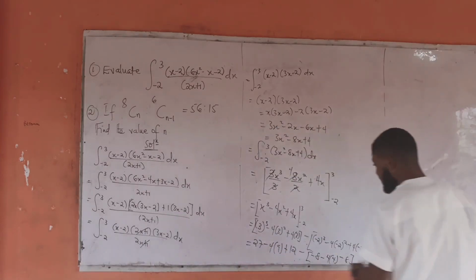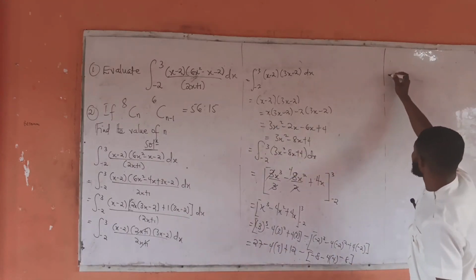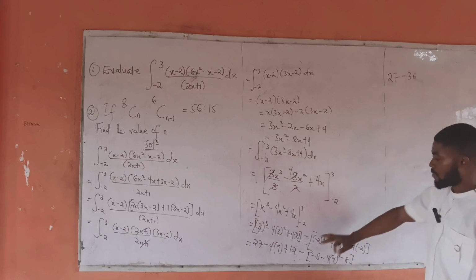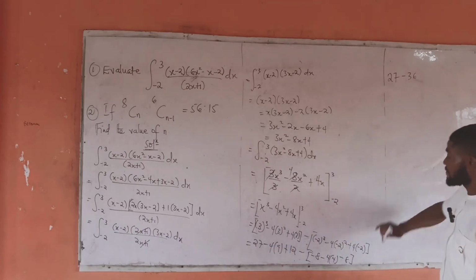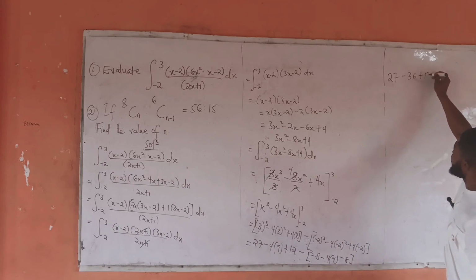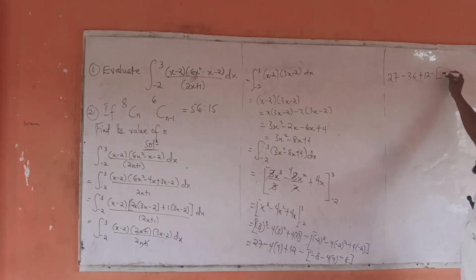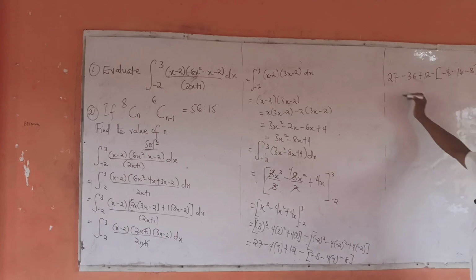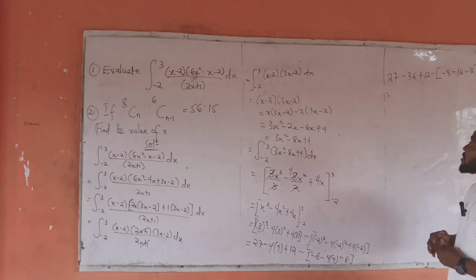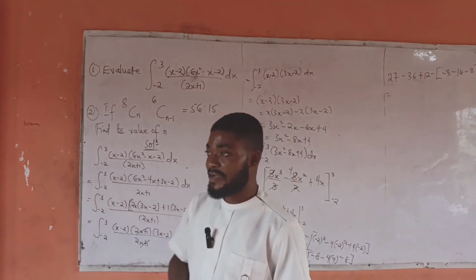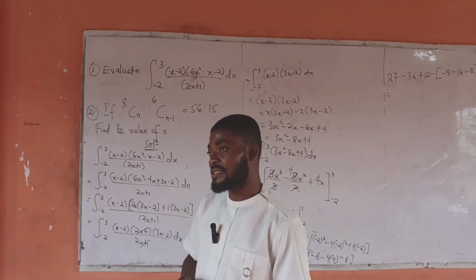We come up here a bit. We now have 27 minus 36 plus 12 here. The other brackets, we do each workings and subtract as well. So we can now do it. 27 minus 36 should be a difference of negative 9 if I'm not mistaken.